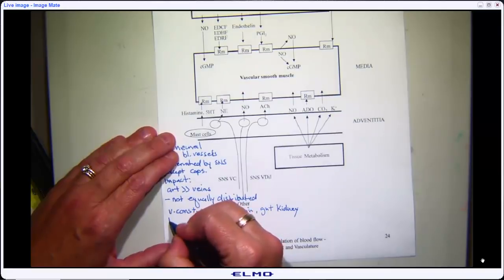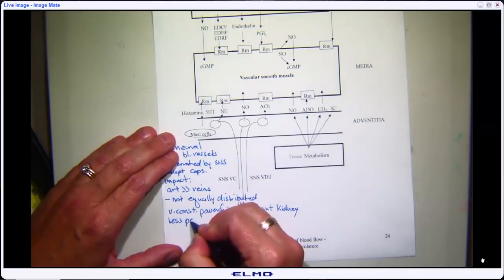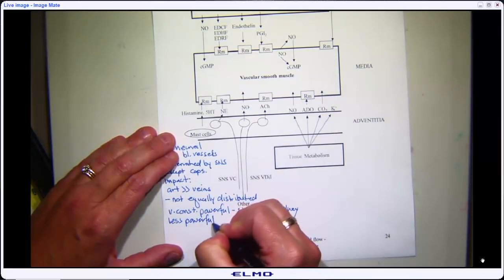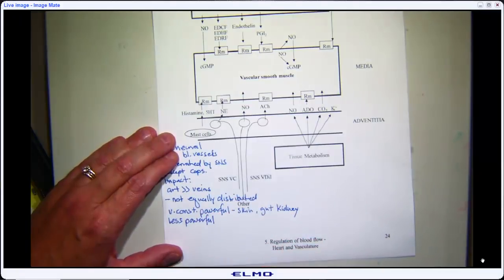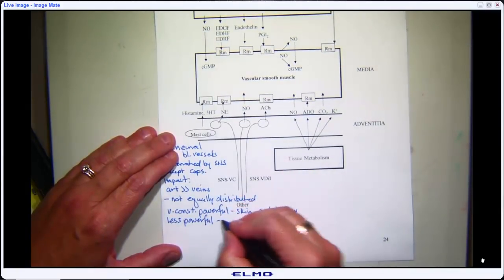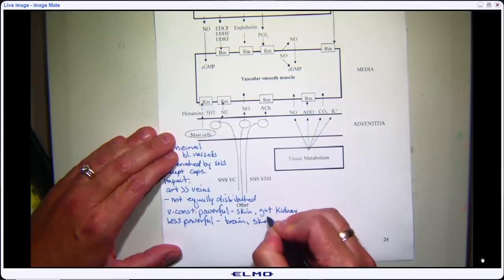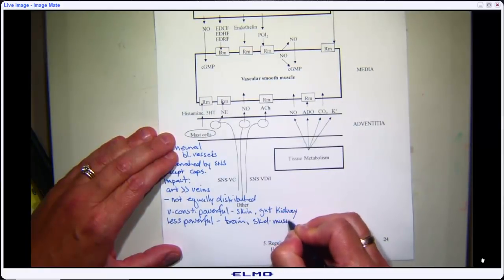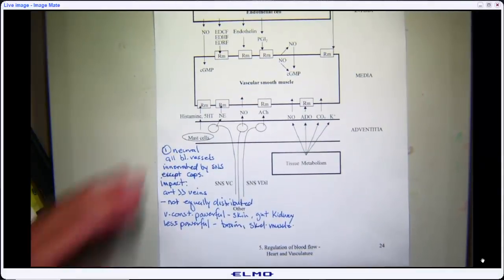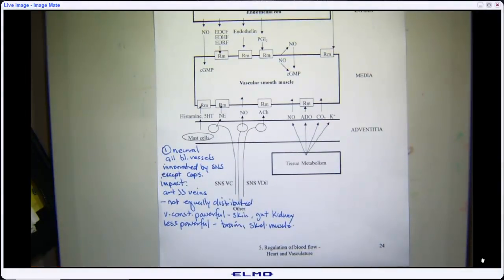It's less powerful in the brain and skeletal muscle. Just know that there's a dichotomy, that it's not all equal. Not all tissues are innervated equally. Okay, so not as much power.